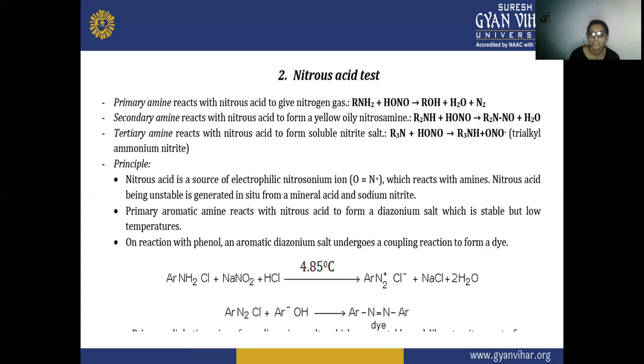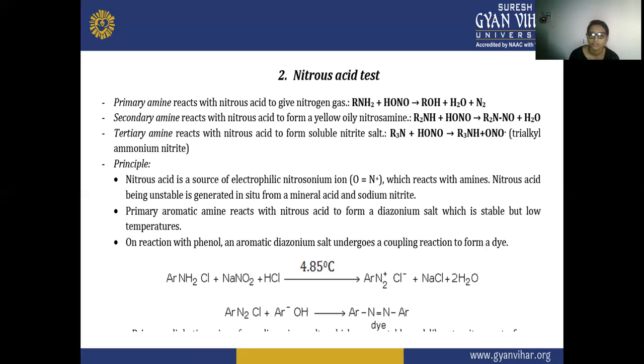So this ArNH2, that is your phenol, and NaNO2 plus HCl. This is reacting at 0 to 5 degrees centigrade, and there is a formation of ArN2Cl, that is a diazonium salt, plus NaCl and H2O.